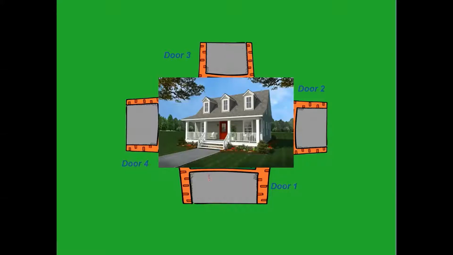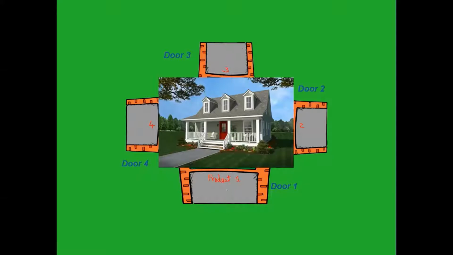specification of the product. For example, door 1 represents product 1, door 2 represents product 2, and the same goes for 3 and 4. Different products have different designs as well as different specifications.